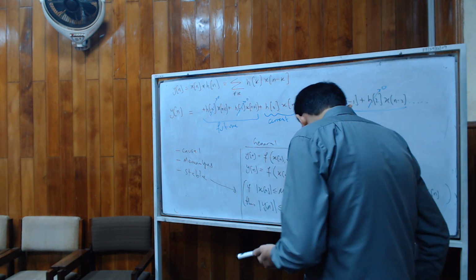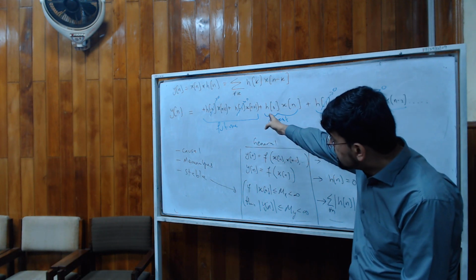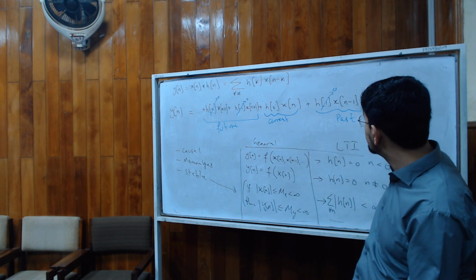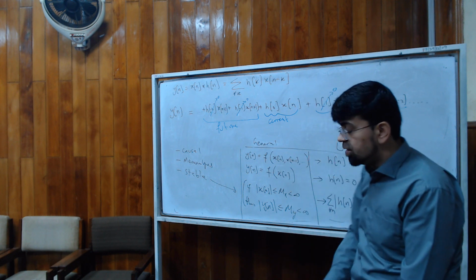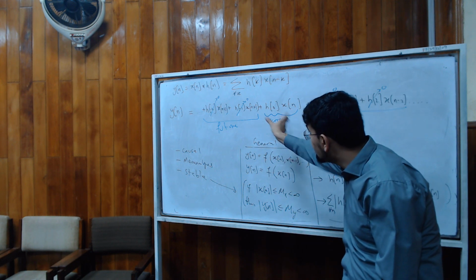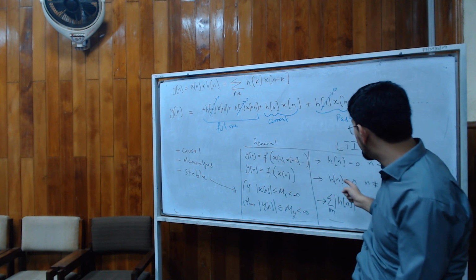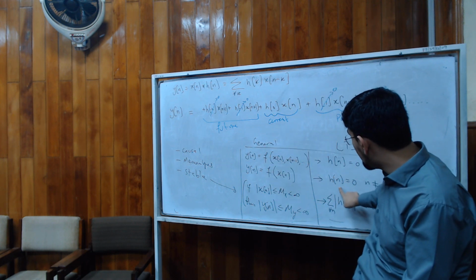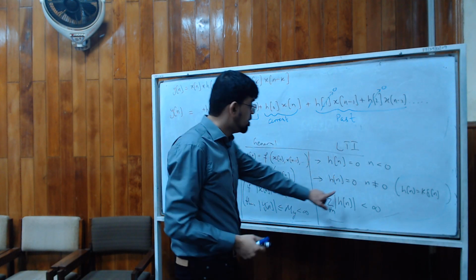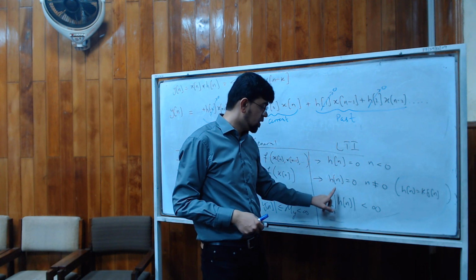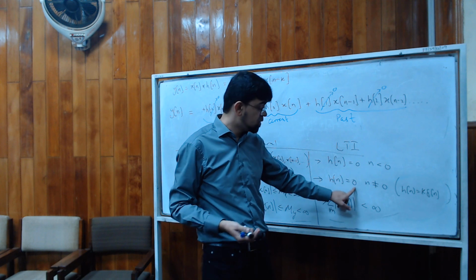If that happens, then whatever input you give, the future values will be multiplied by zeros and the past values will be multiplied by zeros, meaning they will vanish, and the output y[n] will only be a function of the current input. That means only h[0] should be non-zero, so h[n] equals 0 for n not equal to 0: for n equal to 1 it should be 0, for n equal to 2 it should be 0, for n equal to -1 it should be 0, for n equal to -2 it should be 0.